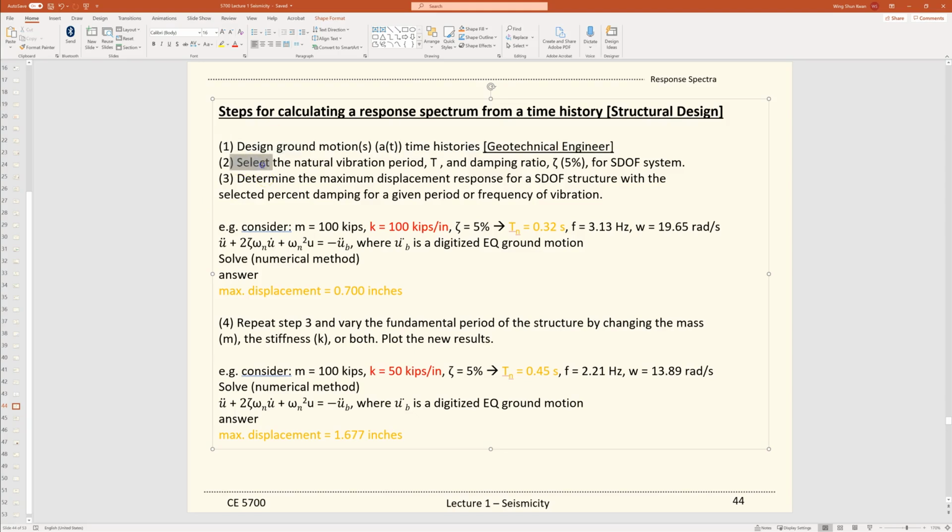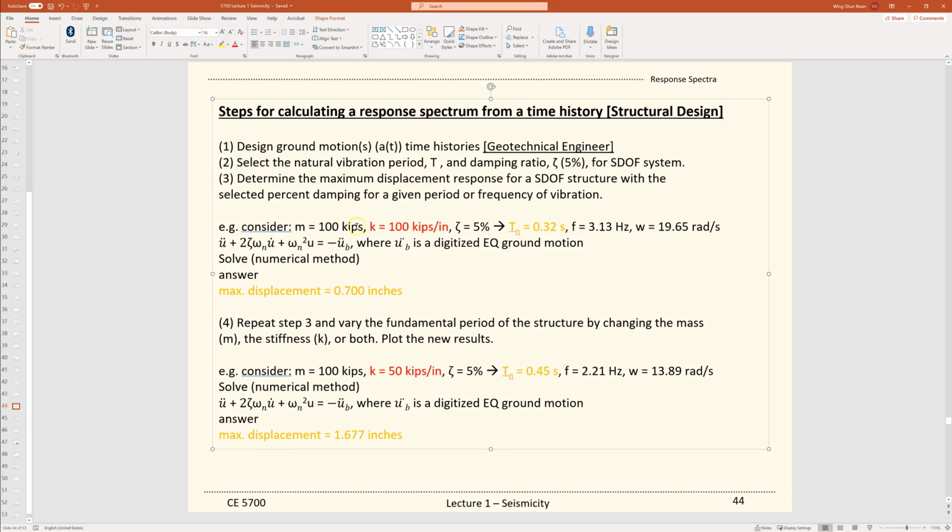And then we select the lateral vibration period, and also the damping ratio, very likely 5%. And we often simplify our system as a single degree of freedom system, so we can determine the maximum displacement response numerically.